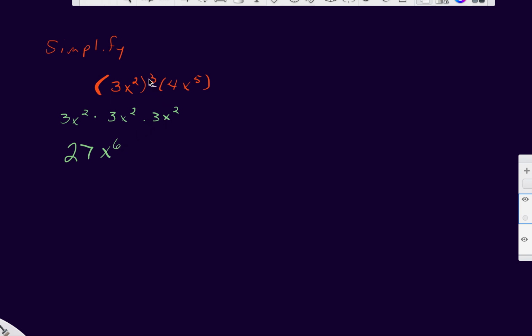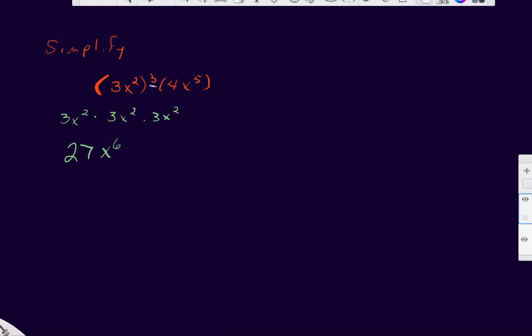And if you remember your powers of powers, if you have the 3 outside parentheses, you multiply these two powers, and that's where we get our 6. But it's really just this.